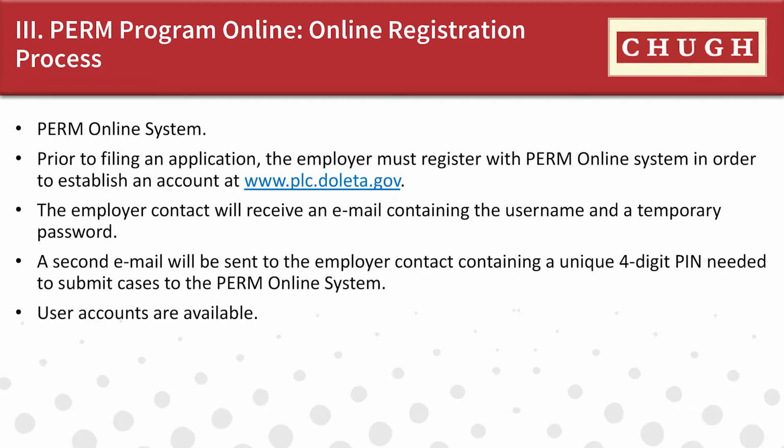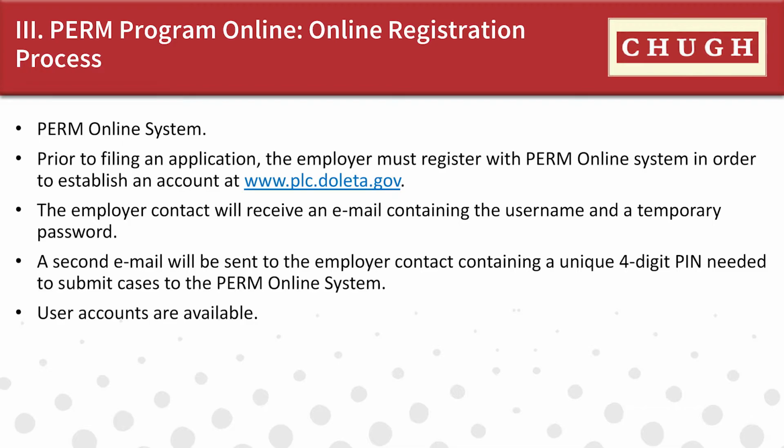Employers have an option to submit a paper filing of the PERM application. We used to do this a long time ago. It's not often used, so we use the electronic system now. The PERM online system for foreign labor certification offers employers a registration feature.